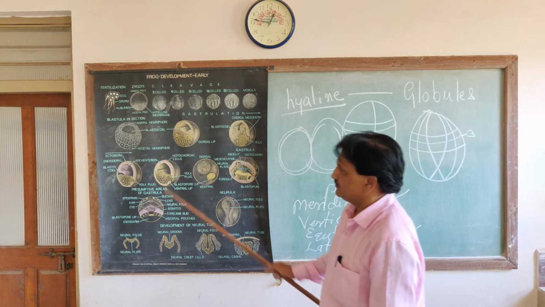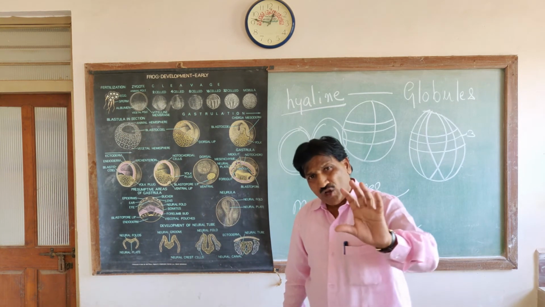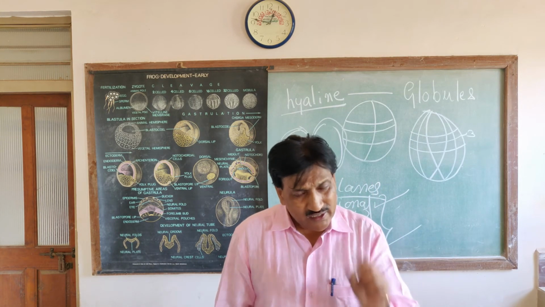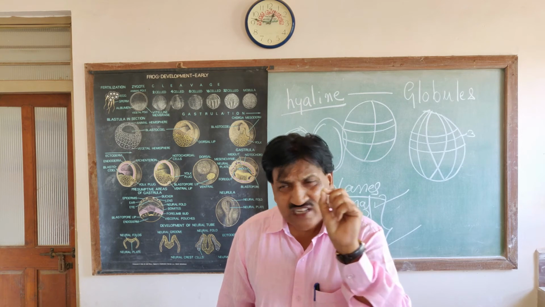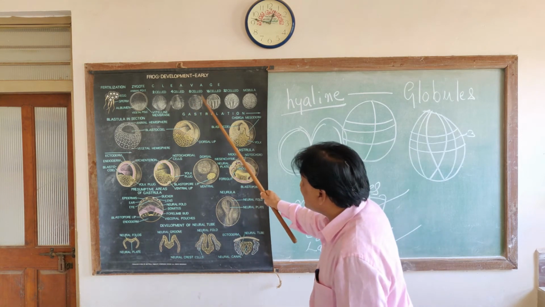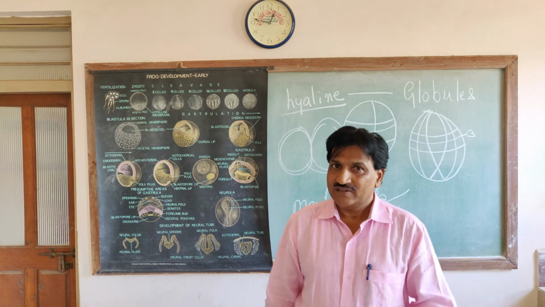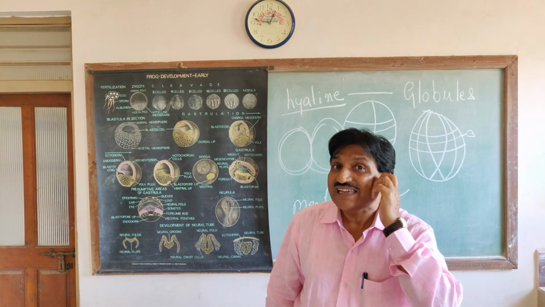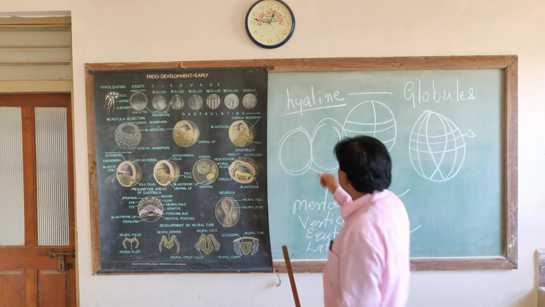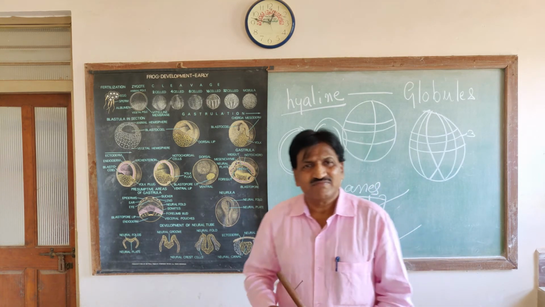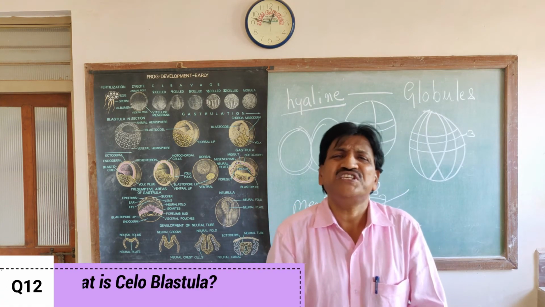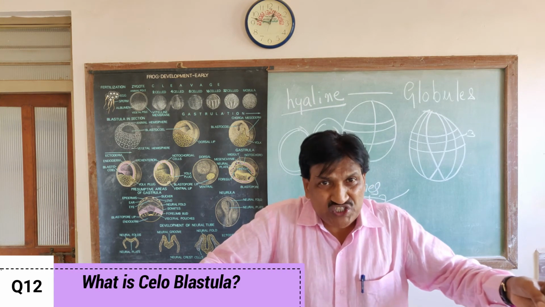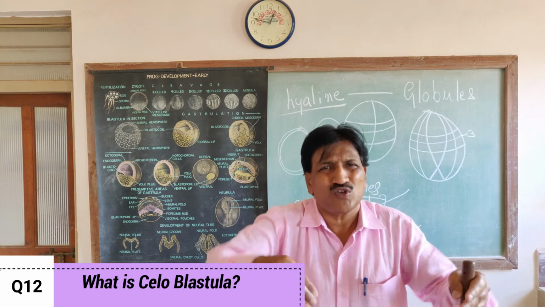Now, during blastulation, a small cavity appears in the 8 cell stage. The 8 cell stage is the third cleavage, latitudinal, 8 cells. A small cavity appears, and that cavity is called the blastocoel. It is also called the coeloblastula.